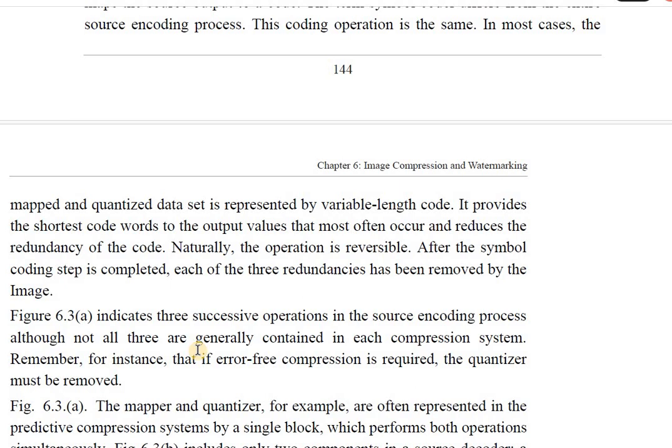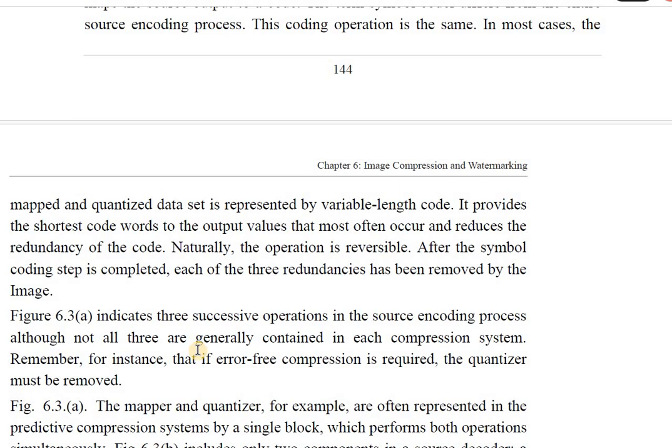Whenever you assign the shortest code words to the output that occurs most frequently, what happens? Less space is needed. If one word is coming 30-40 times and you use an 8-bit number for it, and another word comes only 4-5 times and you also use an 8-bit number for it, that is fixed length. What happens in variable length coding? For a word that comes very often, 30-40 times, you use the shortest code word. So instead of using 8 bits, you use only 2 bits. Instead of 8 into 40, now you will have 2 into 40.